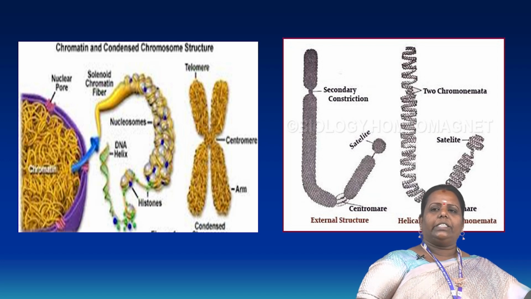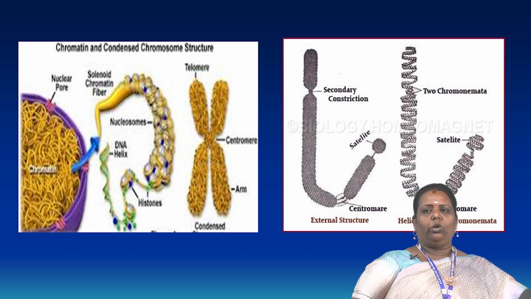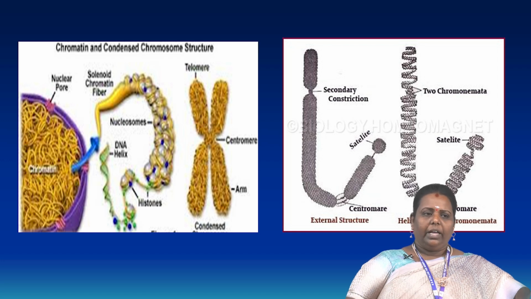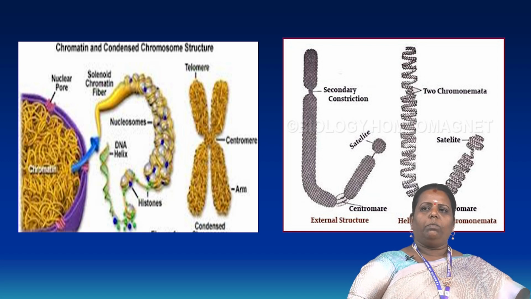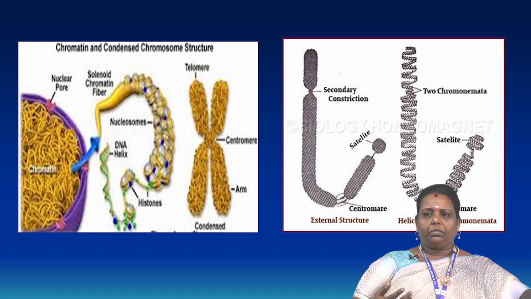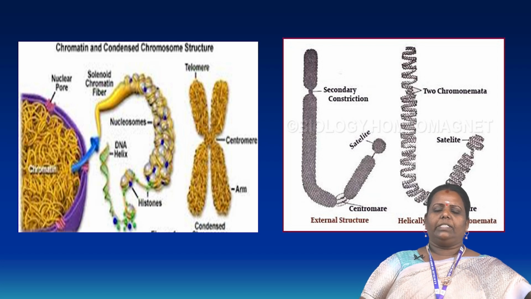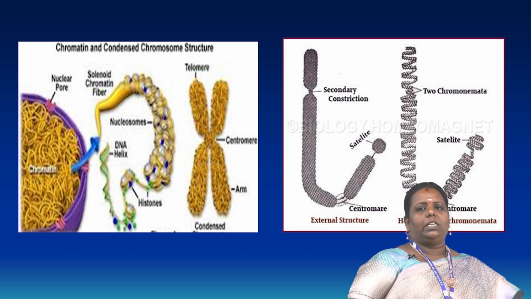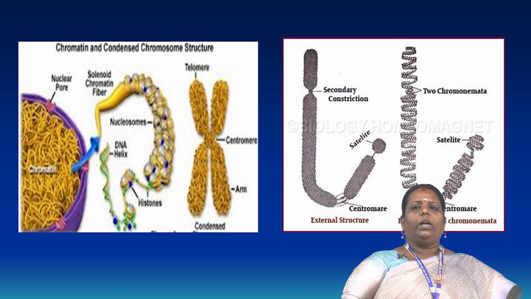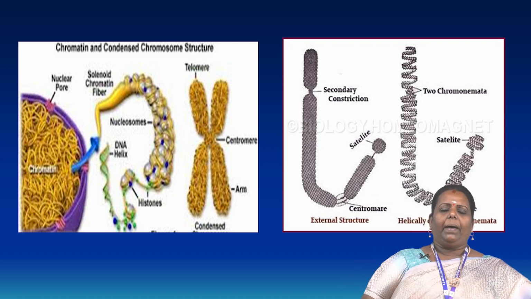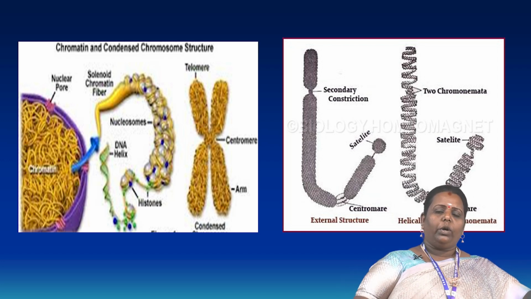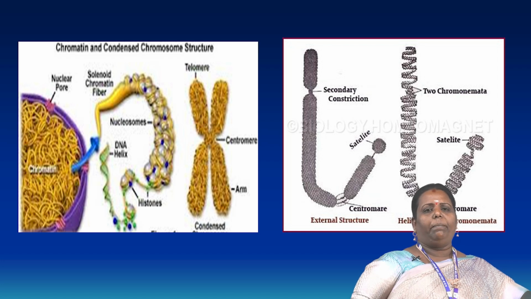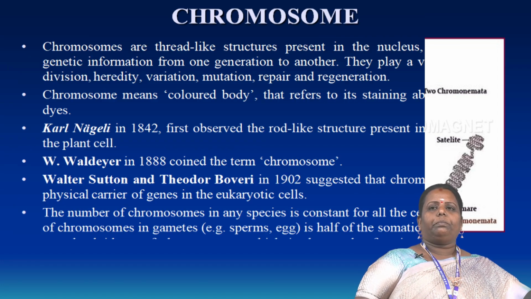Secondary constriction, satellite DNA, and the centromeres are all present in the external structure of the chromosome, and the chromatid, chromonemata, and helical structures are present in the internal structure of chromosomes. In total, human beings have 23 pairs of chromosomes: 22 pairs of body chromosomes and 1 pair of sex chromosomes.